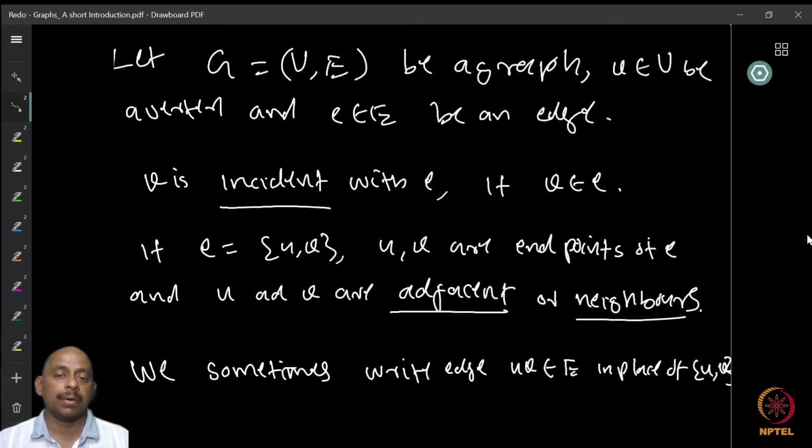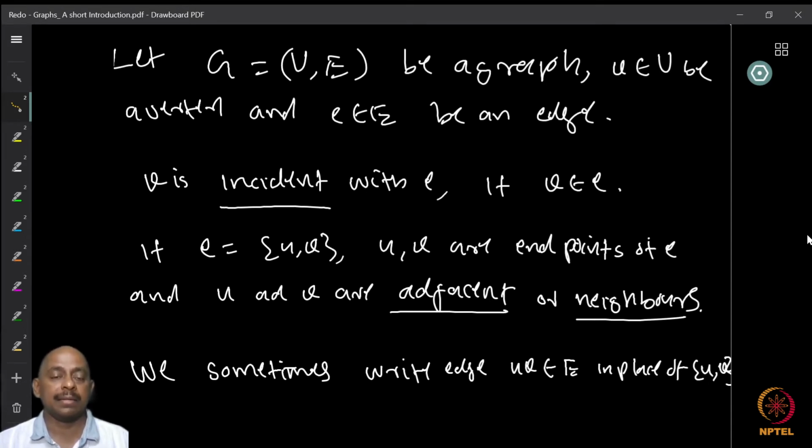Now, let me call by small letter E the name for an edge. So we know that E is basically a two-element subset. We denote it by some name E, and that's it.